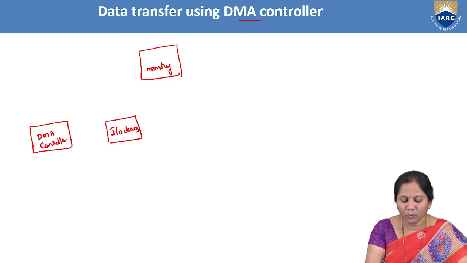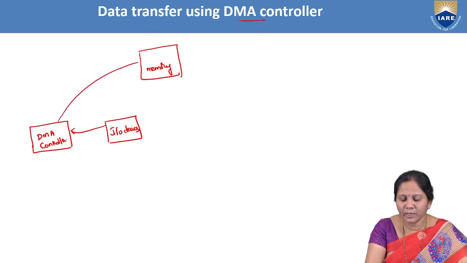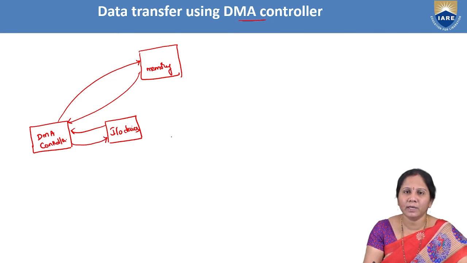The IO devices will send the request to the DMA controller, and the DMA controller will send that to the memory. From the memory, the signal again goes to the DMA controller, and by using this DMA controller, the information will be sent to the IO devices. This is how the data will be transferred.